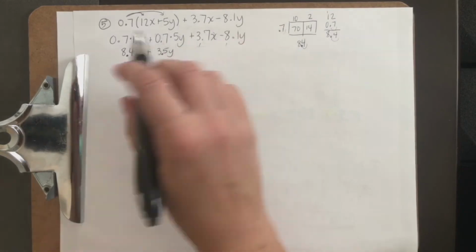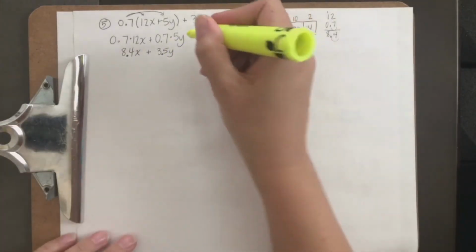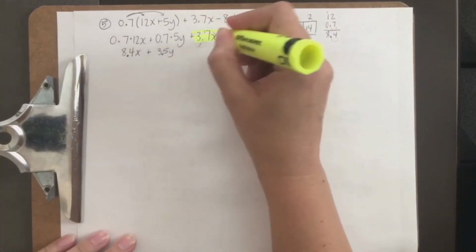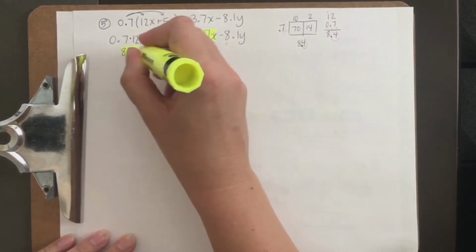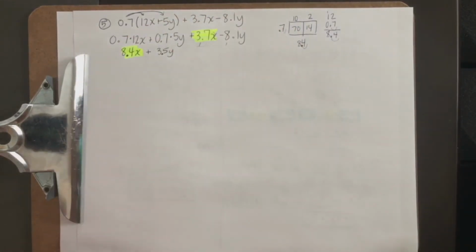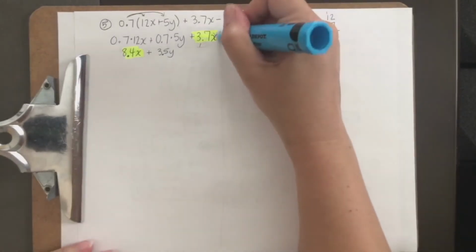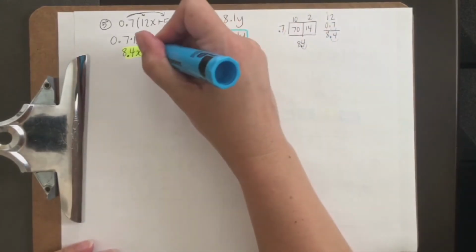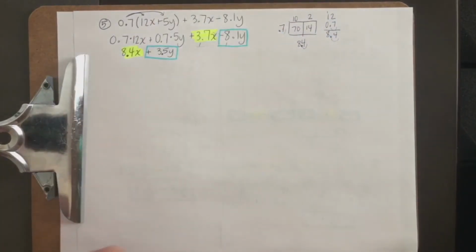So 3.7x, let me use a highlighter here. We have 3.7x, 8.4x, and then we have negative 8.1y, positive 3.5y.